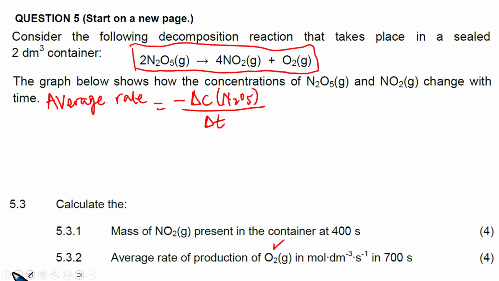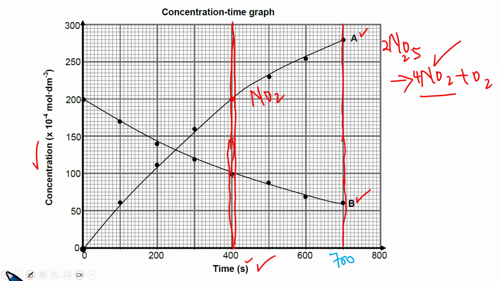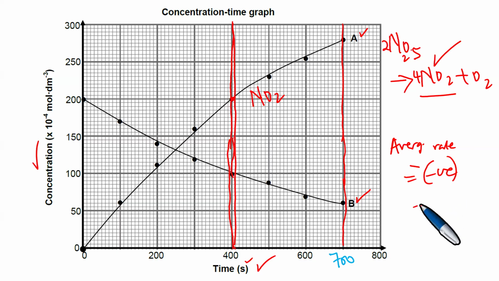Because if it's running down slope, then the gradient is negative. So in other words, the average rate becomes negative. But we don't want a negative average rate. So we must put a negative in front, to make sure that we have negative times negative in the end, which becomes a positive average rate.